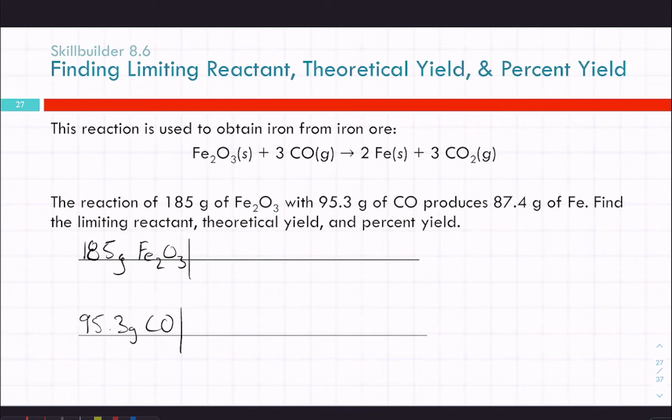So first step for our 185 grams of iron oxide. We'll again find the molecular mass, 55.85 is iron. So we have iron, oxygen, 2 of those, 3 of these, 55.85, 16.00. This will be 111.7.